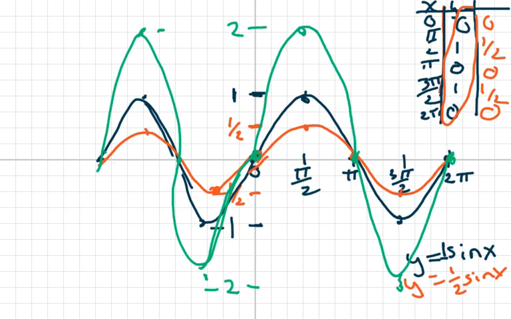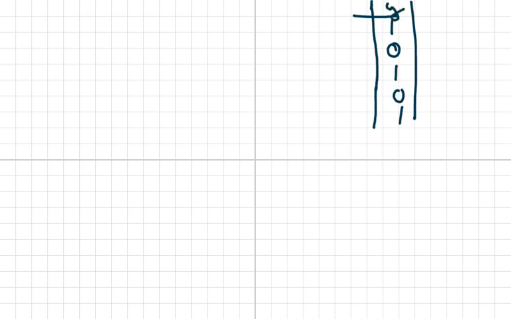Okay, now we're going to do cosine the same way. Cosine, just remember the values. Let's see if I can put it kind of in the middle here. Remember that it starts with 1, 0, -1, 0, 1. So your other values, this is your y here.